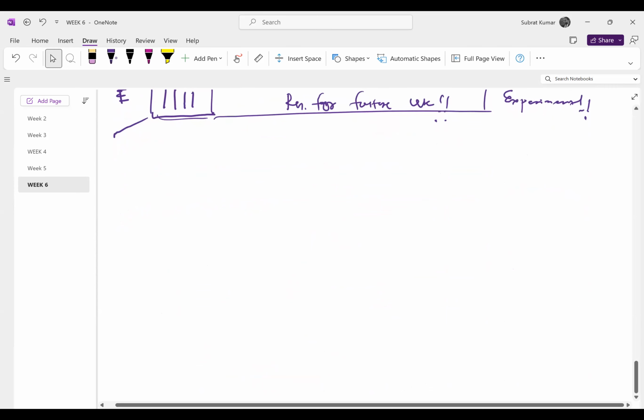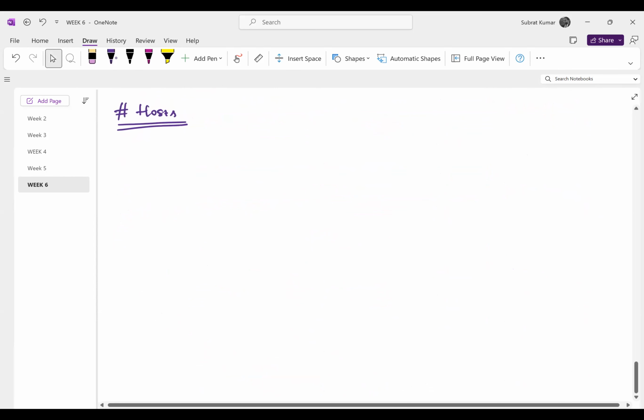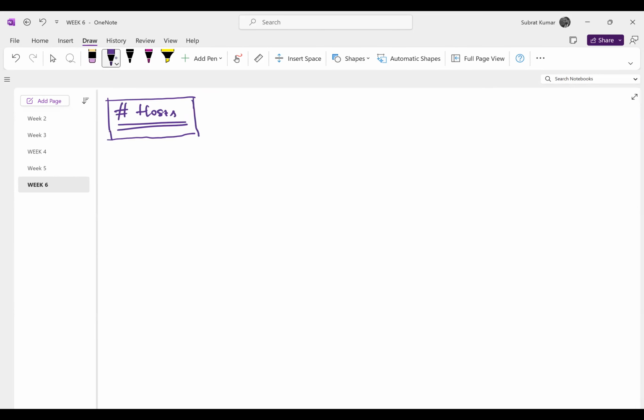Okay, so the number of hosts, starting with class A. So there are two things.